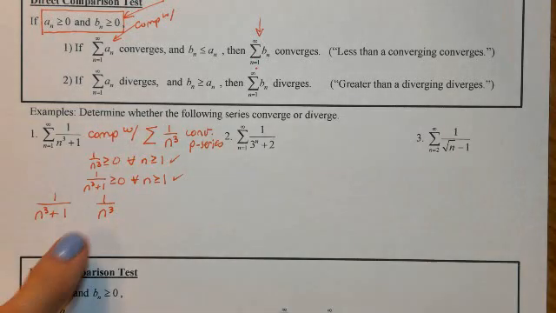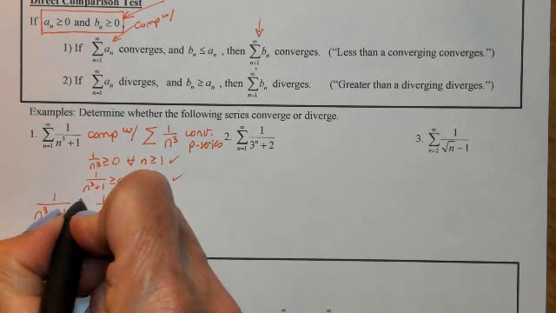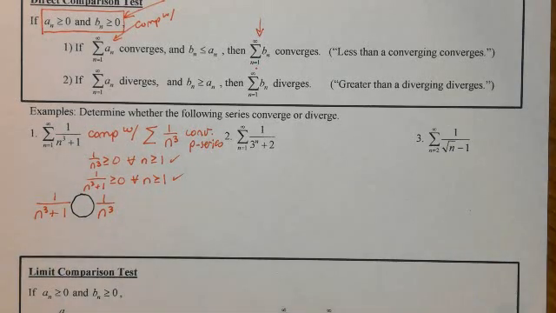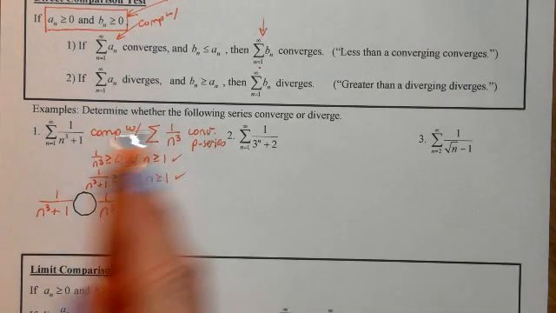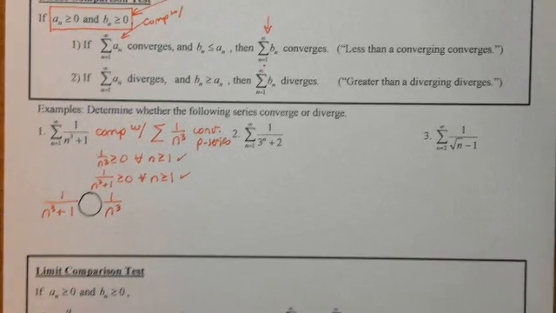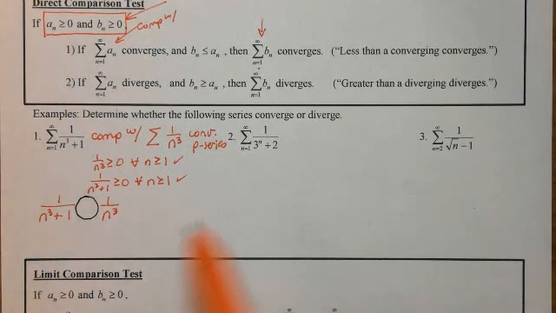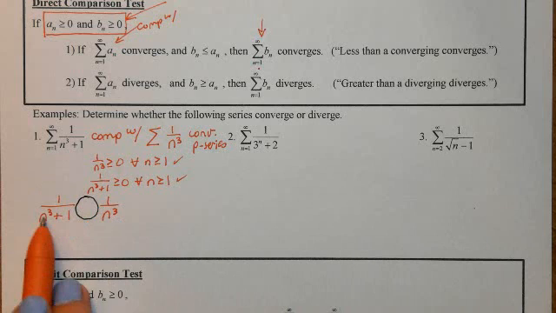Well, that's what we're going to do here. We're going to fill in this sign with either a less than or a greater than. They will never be equal, because if they were, then you wouldn't be doing a comparison test. You would just be answering it as the p-series or geometric series or whatever. So, which is bigger?